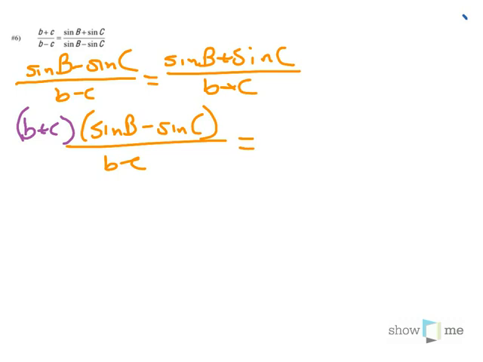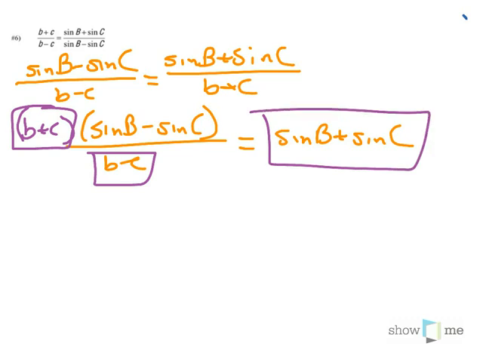If you do it on the right, the b plus c's cancel. Now if we look at what we're trying to accomplish, we got three things in the right position. b plus c is the top left, b minus c is bottom left, sine of b plus sine of c is on the right. The only thing that's wrong is the sine of b minus sine of c.